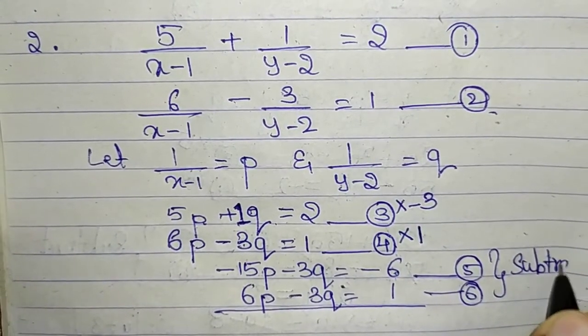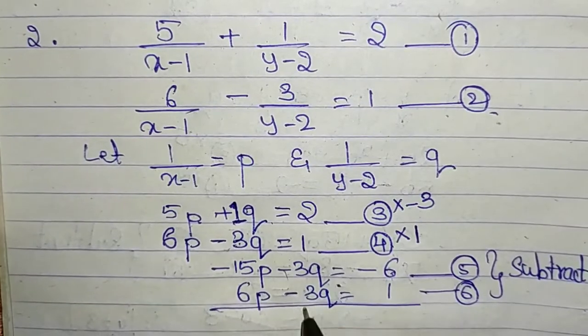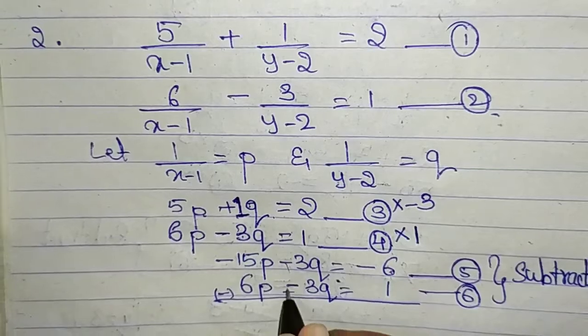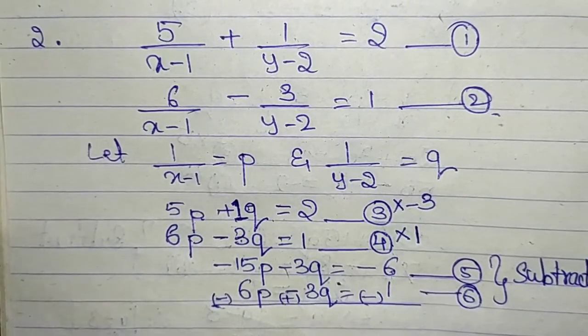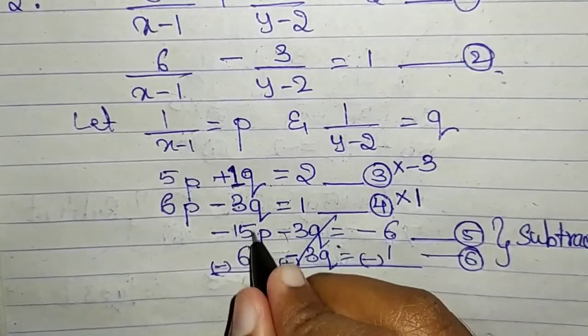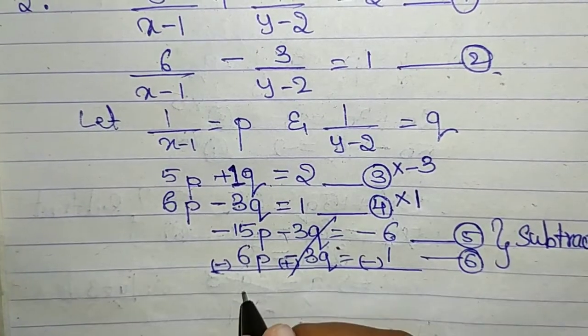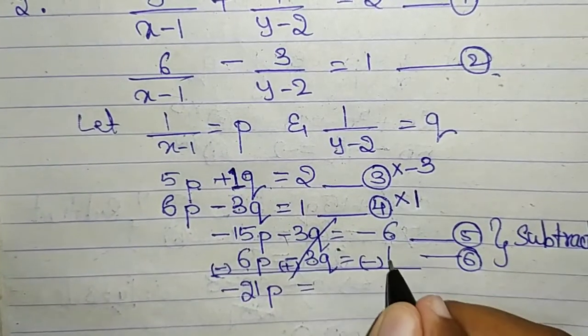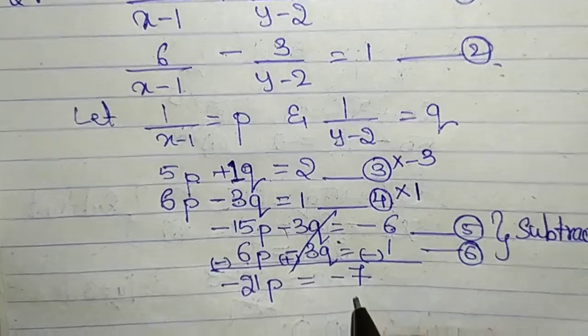Minus 3q plus 3q cancels each other. 15p plus 6p, we get 21p, which is equal to 6 plus 1, that is 7.